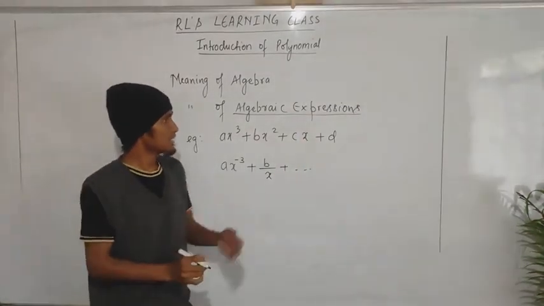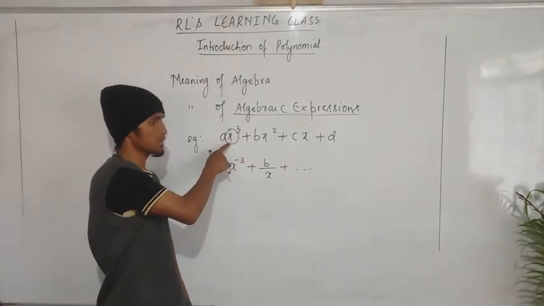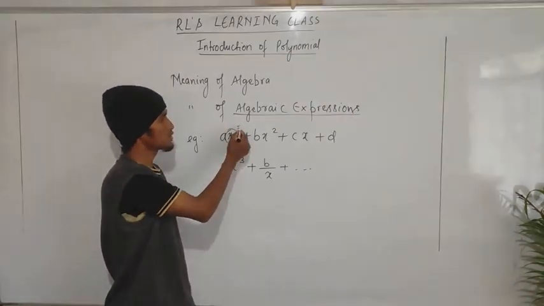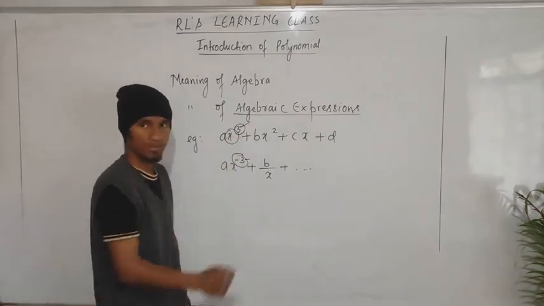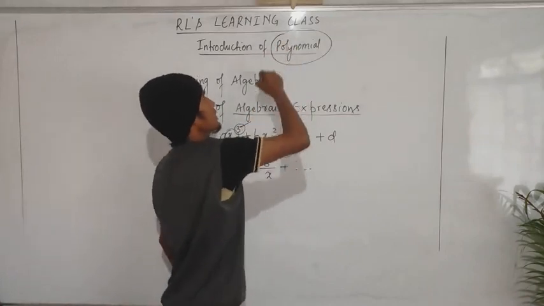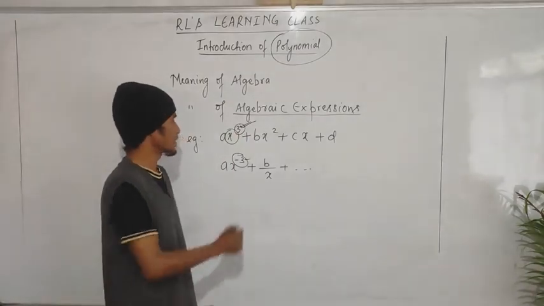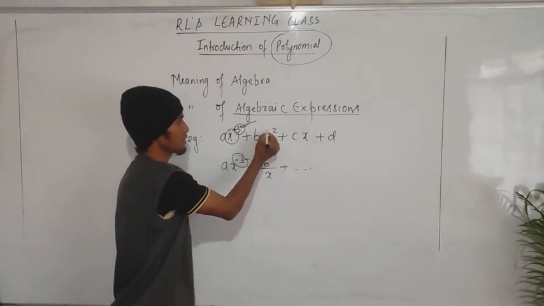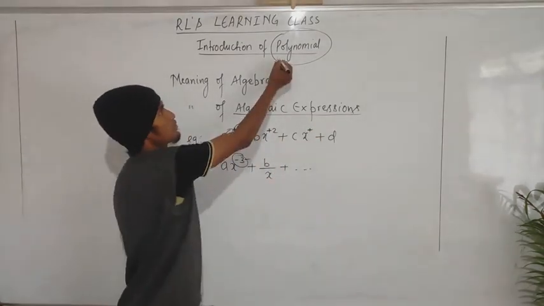Now in an algebraic expression, the power of x, the variable, can be positive or negative. Some are positive and some are negative. But in a polynomial, we study only positive powers. The power of the variable should always be positive. Then that will be the polynomial.